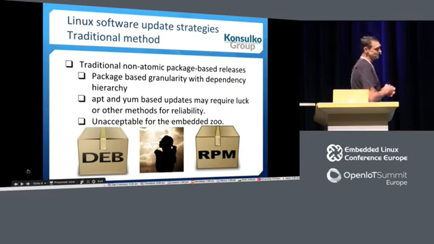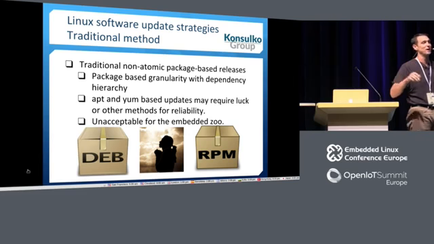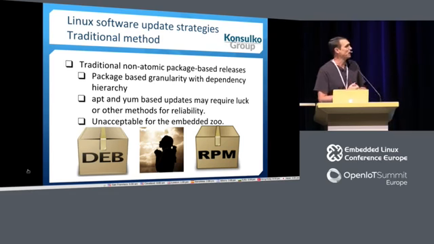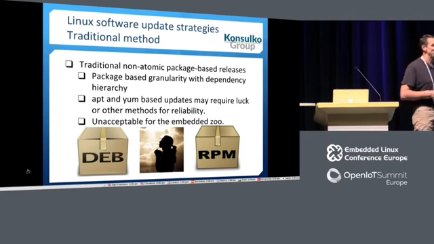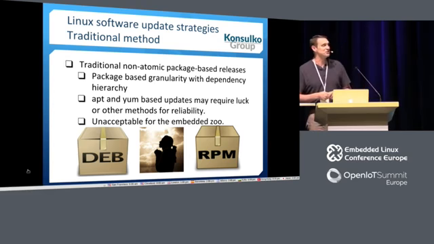So we'll start with the first class, and I'll go through these broad classes of update technologies, because they fit into a pretty simple group. So we have the traditional method. I already touched on the non-atomic, package-based, represented usually on the back end by deb packages, RPM packages.